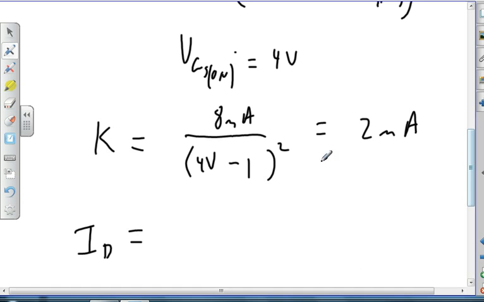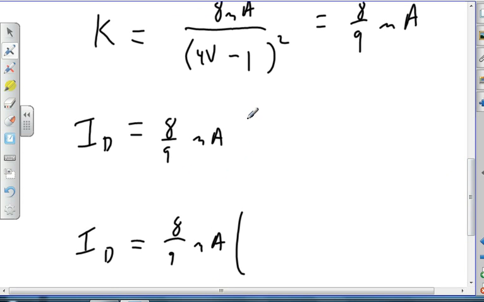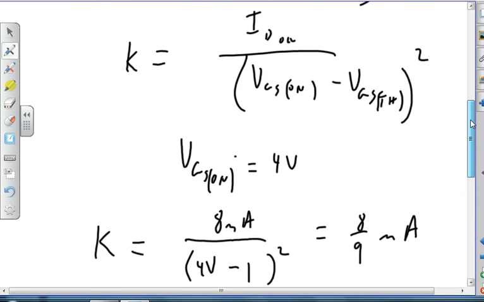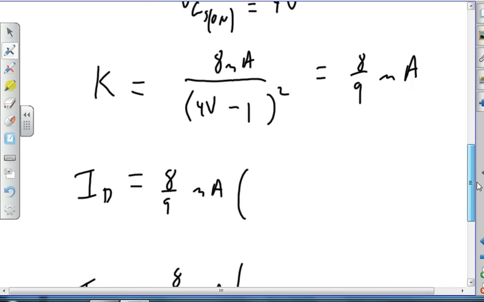Yeah, we're squaring it. All right, so I liked it better the other way because I could do it in my head. 3 squared is 9. So that's 8/9 of a milliamp. So K is going to be 8/9 of a milliamp times (VGS minus VGS threshold) squared.